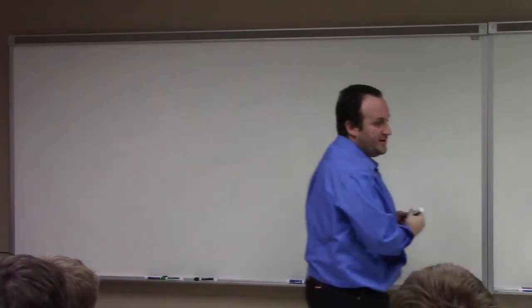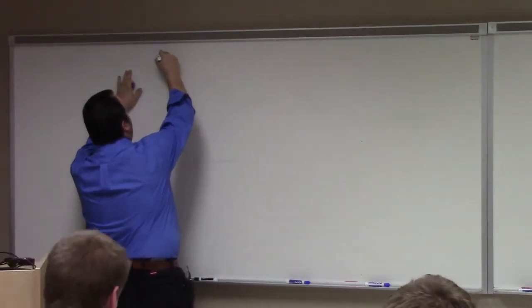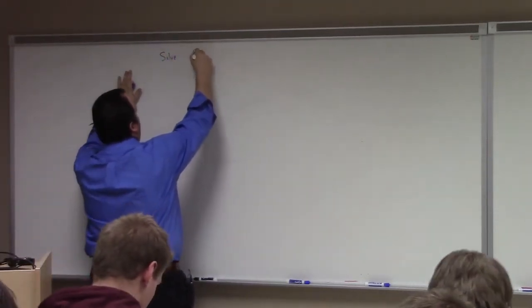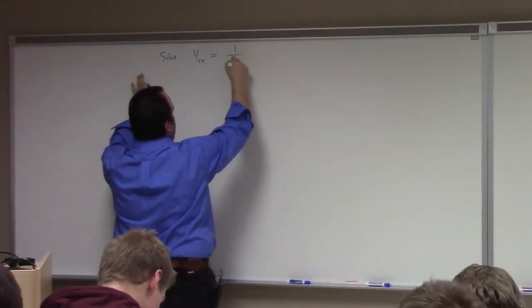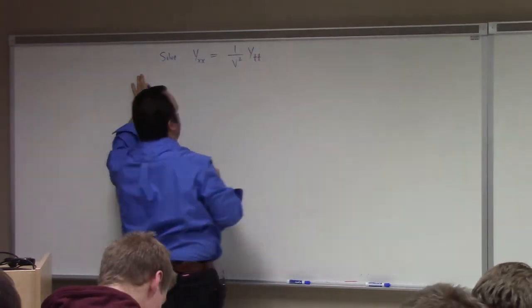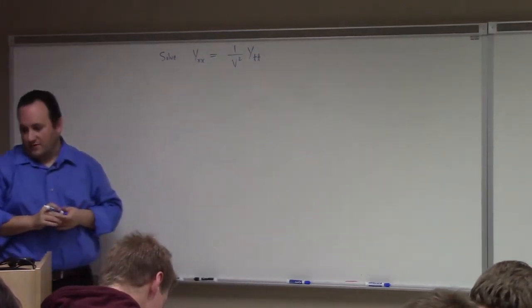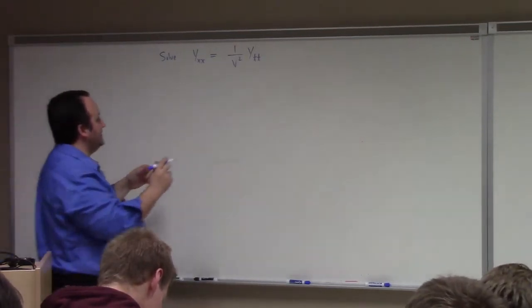So, setting aside that derivation, we now face the following problem. We want to solve y_xx equal to 1 over v squared y_tt, right? And this is the wave equation.